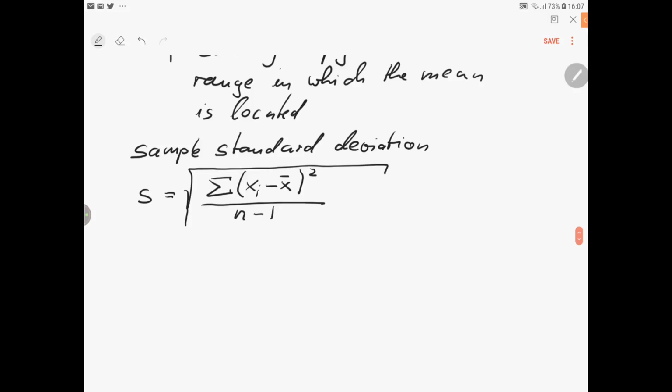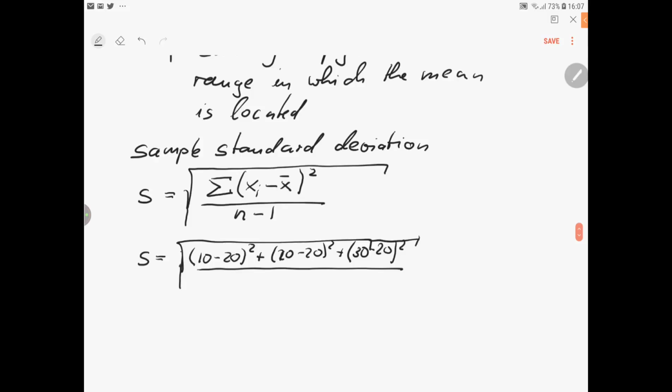So let's quickly do that. Let's do the calculation for that. So we have S equals the square root of, so we have 10 minus 20 squared plus 20 minus 20 squared plus 30 minus 20 squared.